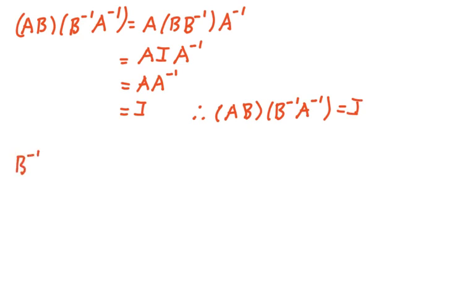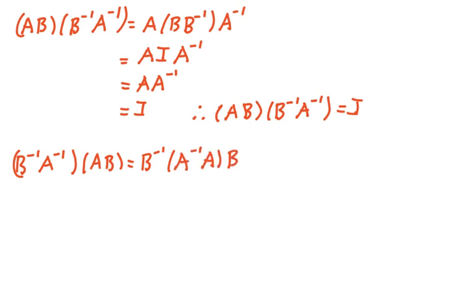Now, if I take B inverse A inverse and multiply by AB, this is B inverse times A inverse A times B, which is B inverse times I times B, right?